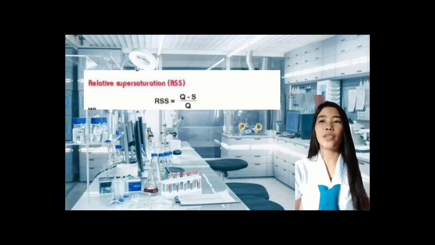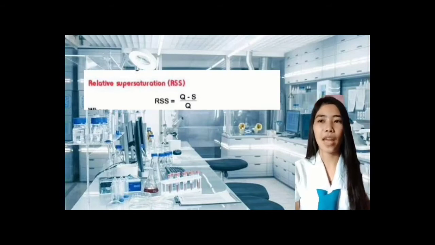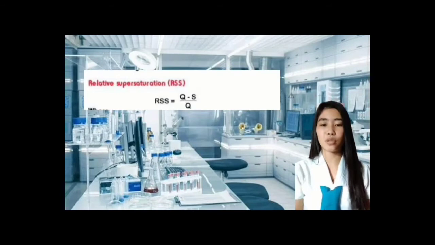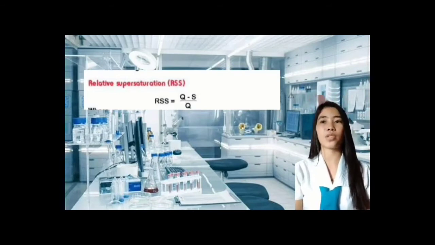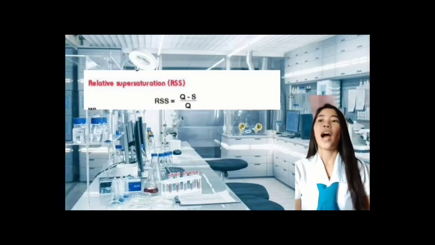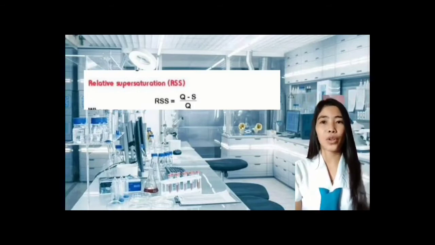Relative supersaturation, or RSS, is equal to (Q - S) / S, where Q is the concentration of solution at any time, while S is the equilibrium solubility of the solute. RSS can be used to estimate or control the type of precipitate that is formed.